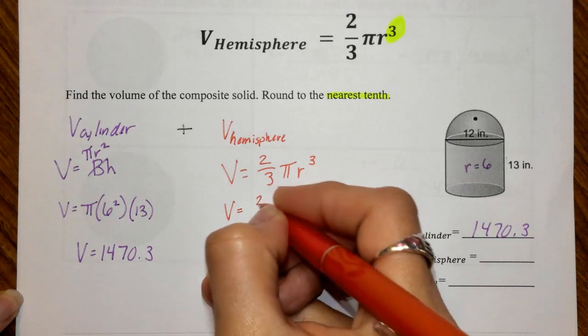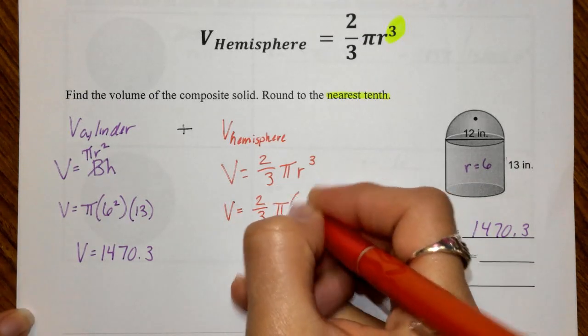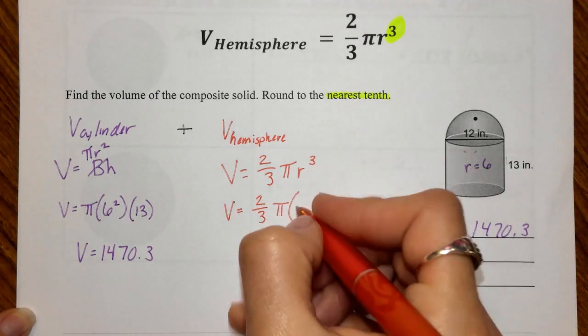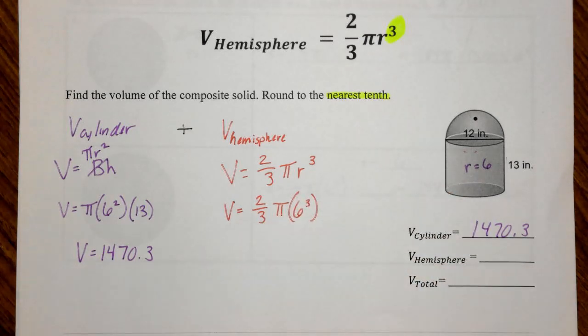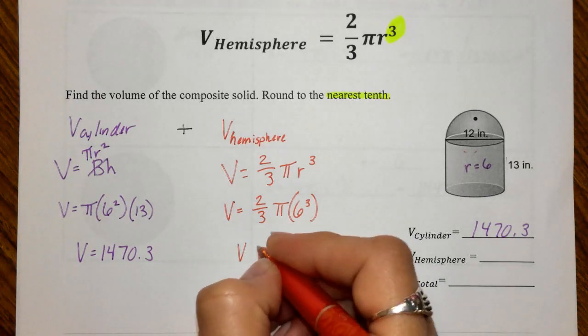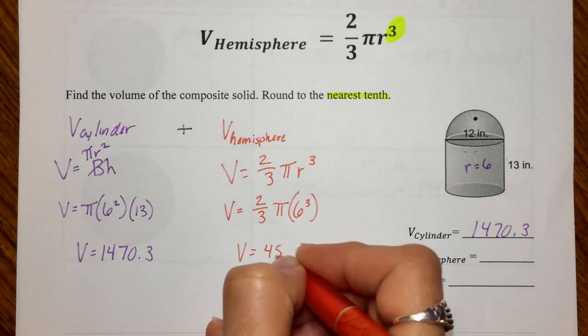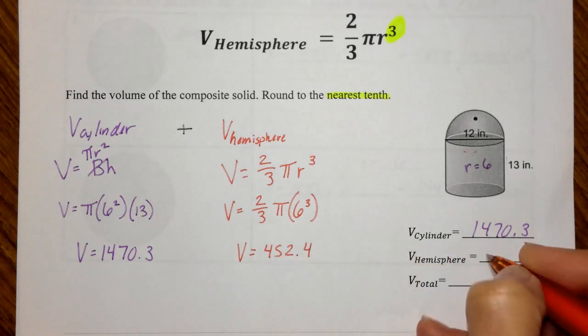Plug in 2/3 pi, it has the same radius, 6, but now we have 6 cubed. We plug everything into the calculator all at once, round to the nearest tenth. The volume of the hemisphere will equal 452.4.